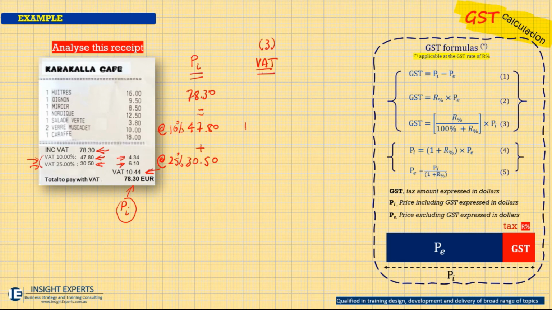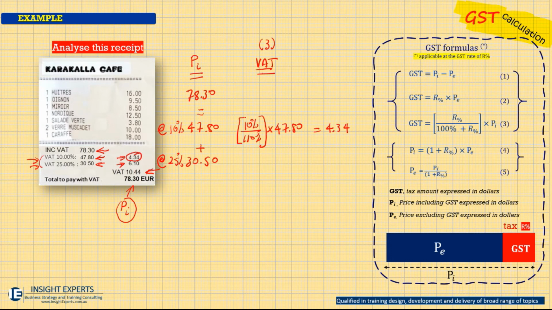It is 10% over 110% multiplied by 47.80, which is equal to 4.34, and that is the amount here.